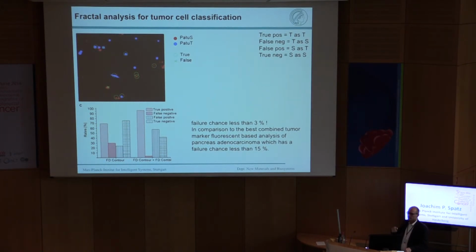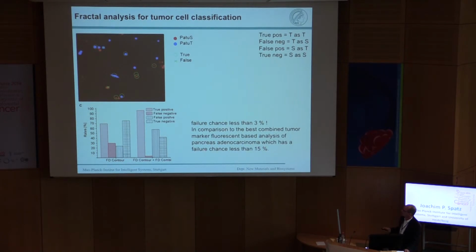But if you then take all the Pat2T cells, the aggressive ones, and revisit your sample and look at all the Pat2S cells and measure it again with the topology, so the second independent measure, then you can lower the chance of not identifying a Pat2T cell to be a Pat2T cell down to 3%.